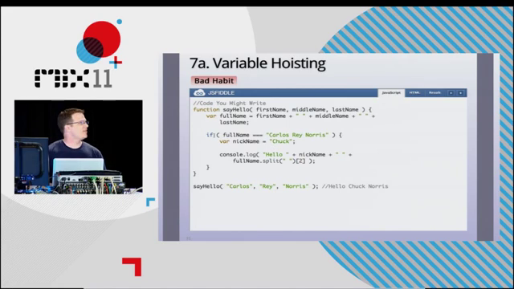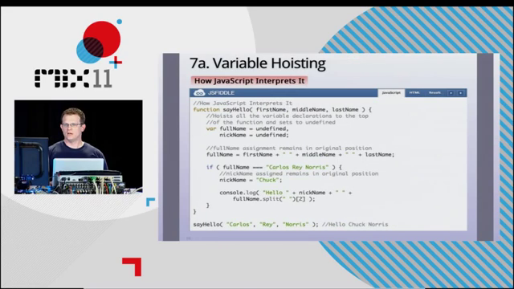But the key thing to point out in here is someone's declaring a variable inside this if statement. Now, doing that doesn't break this code. It'll work just fine, but behind the scenes, this is what's really happening. JavaScript hoists variables to the top of the function.